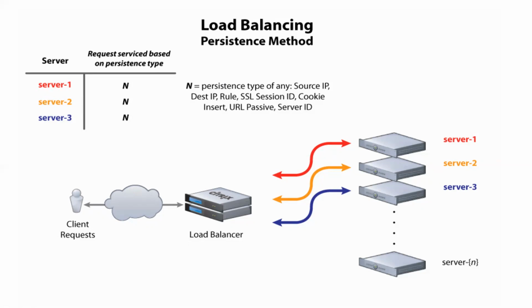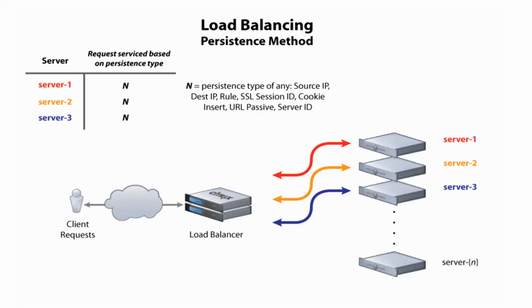There are several industry de facto standard types of persistence: simple, SSL, source IP and destination IP rules, cookies, URL, passive, and so on. There are advanced things and simple things. Generally, we'll speak about the general things.